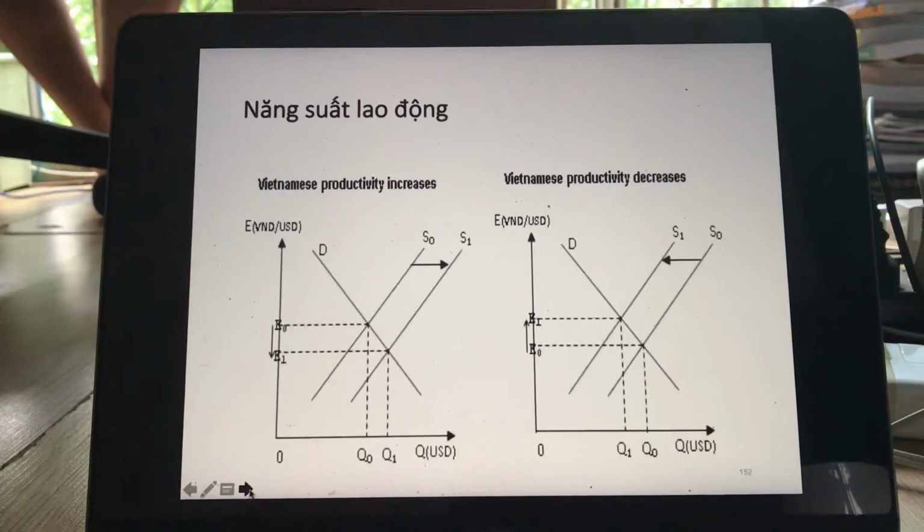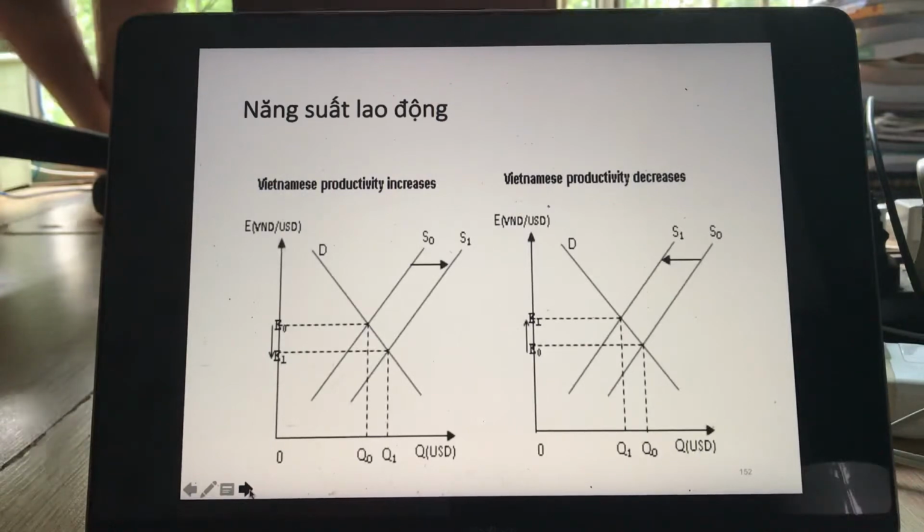So the exchange rate will decrease. You mean that when our productivity increases, we can produce more? Yeah. And because we produce more, we export more?